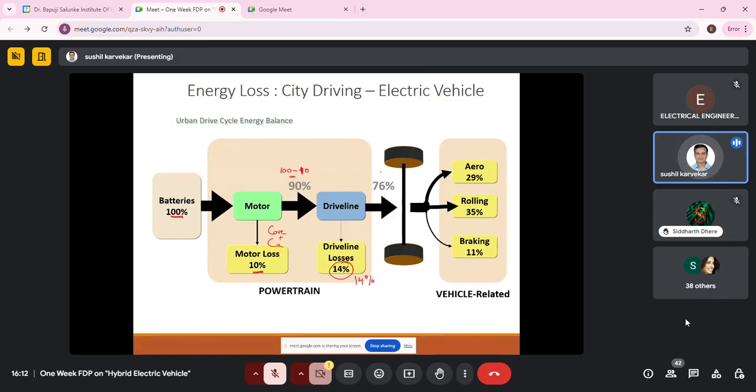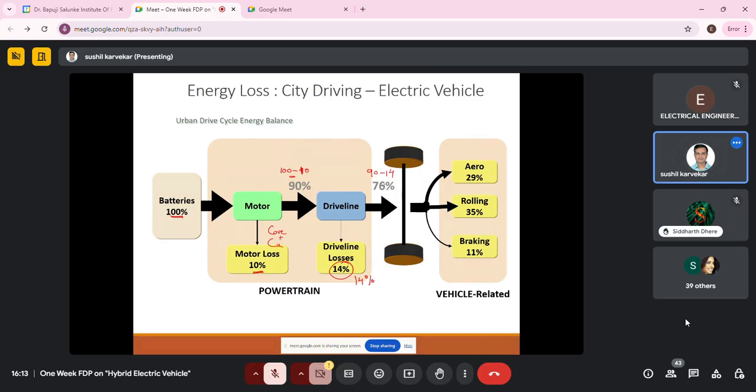So 90 minus 14 is 76%. A considerable energy increment is visible here, around 76%. Previously it was 23-24%, and now it has changed to 76%.